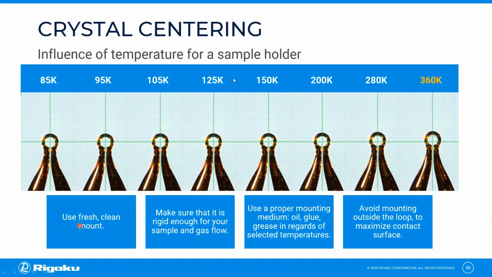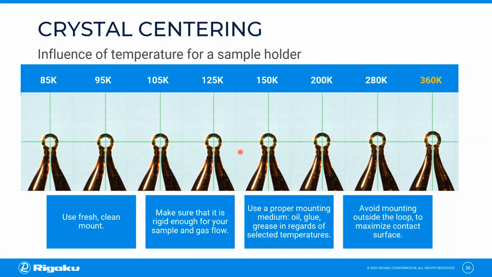First of all, use a fresh, clean mount if possible, especially since rushing your sample through this turbo mode stream with the bigger flow will cause a lot of turbulence. Every additional oil or some dust or unnecessary particles will cause more turbulence and can end up with icing that you don't want to see on your sample.